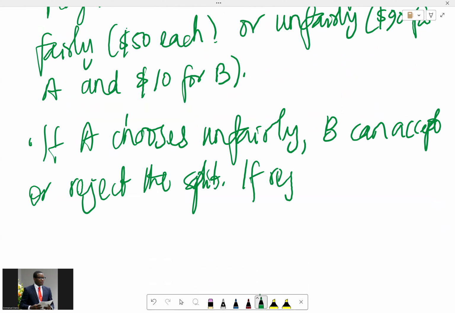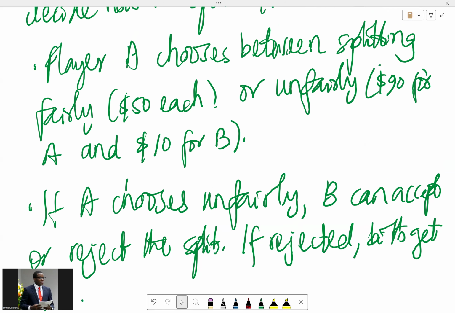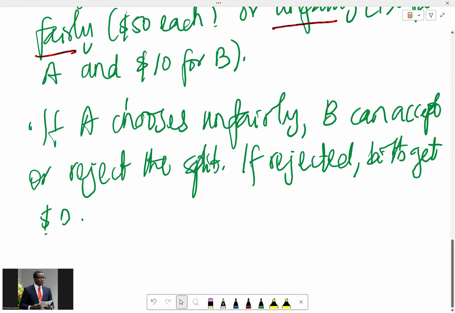If rejected, both get $0. So already we have identified the strategies available to player A. It can be fair or unfair. Then we have also identified the strategies available to player B, to either accept or reject. So those are the things.